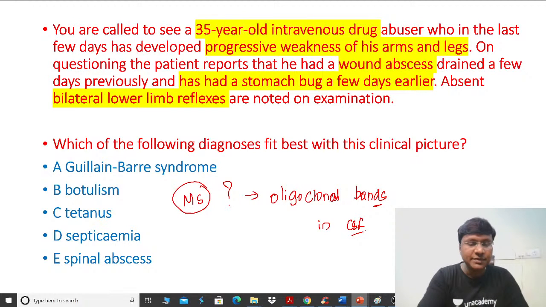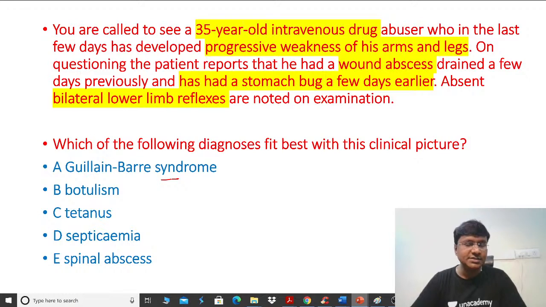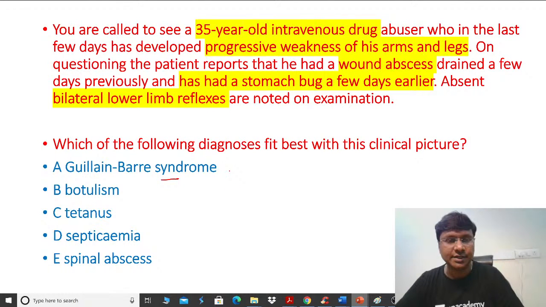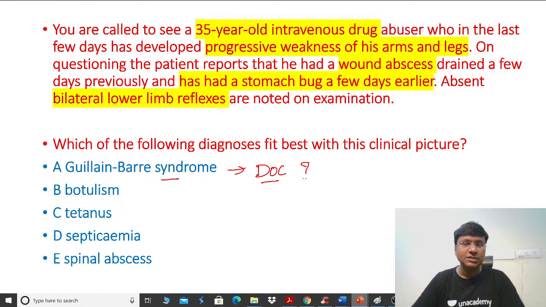Okay, right. Now we have discussed the CSF finding in GB syndrome, and the investigation of choice in GB syndrome is mainly your antibodies, that is anti-GM1 antibodies. Now, in case of Guillain-Barré syndrome, please tell me what will be the drug of choice. Any one of you?